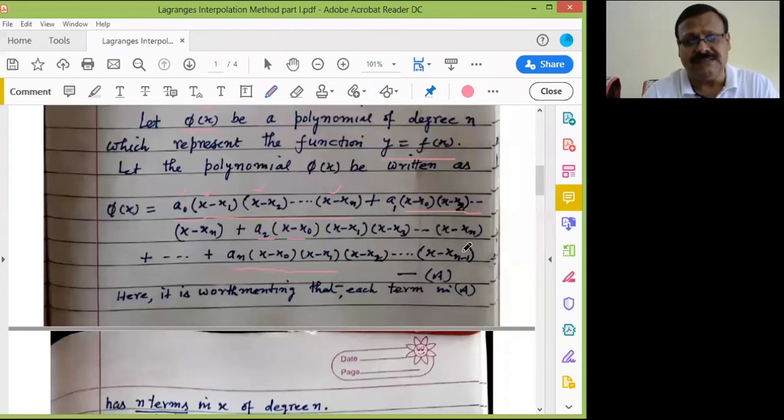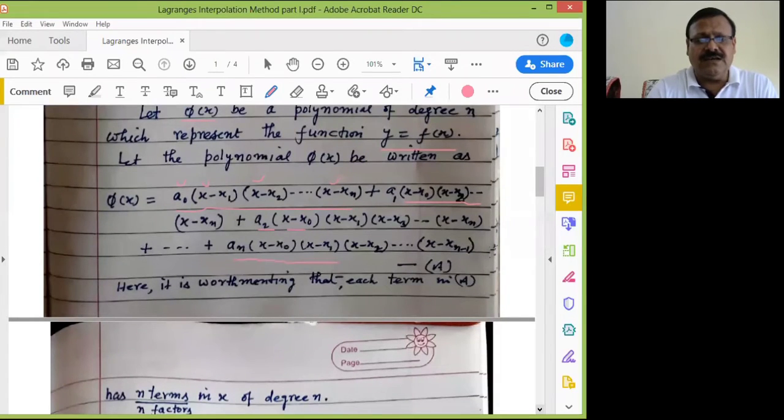This is the clever way of designing this polynomial. We have always presented different polynomials which are responsible for representing and actualizing the function y equal to fx. This is also another kind of polynomial, but its character is well defined.